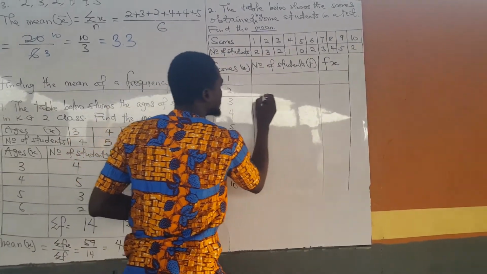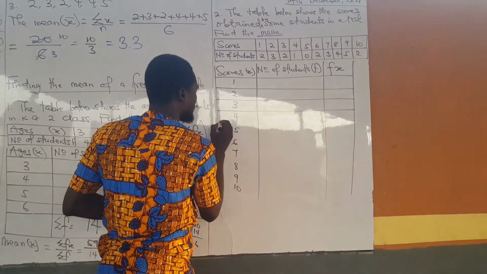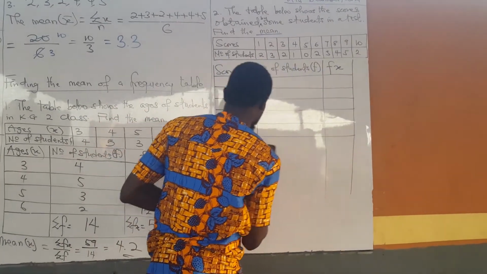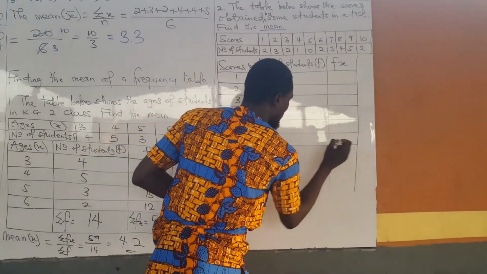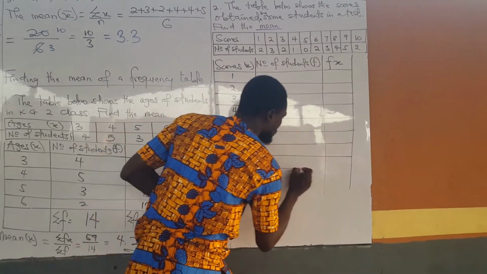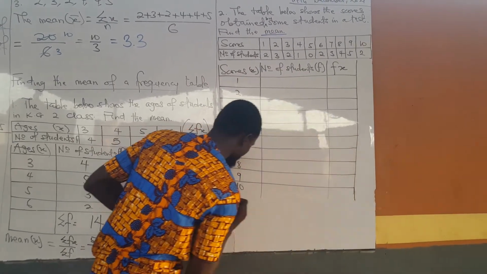We have it there nicely. Then you draw your table nicely with a ruler so that your work will be neat for the examiner to mark, clear for you to get your full marks.